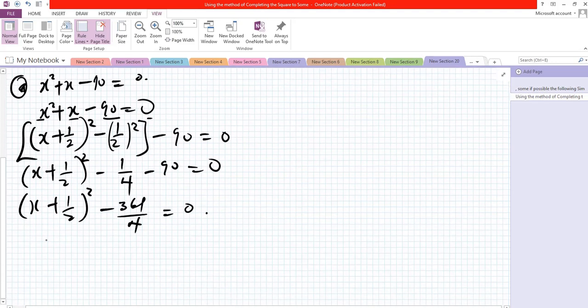Now you now have x plus 1 over 2 all squared equal to 361 over 4, squared now.